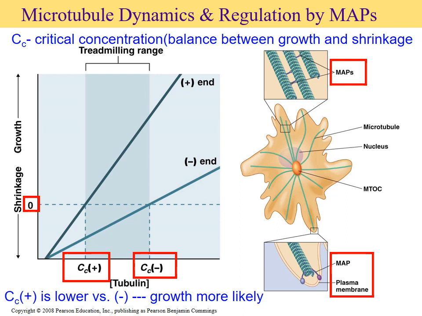And what we see happening here is that we have a little graph that shows us how our concentration of tubulin can affect both the positive and the negative, showing you the CC values. Now, the CC values are your critical concentration. And that's basically the concentration of tubulin that's needed for you to have a zero growth rate, meaning that the amount of growth equals the amount of breakdown or release. So the length is nice and consistent.